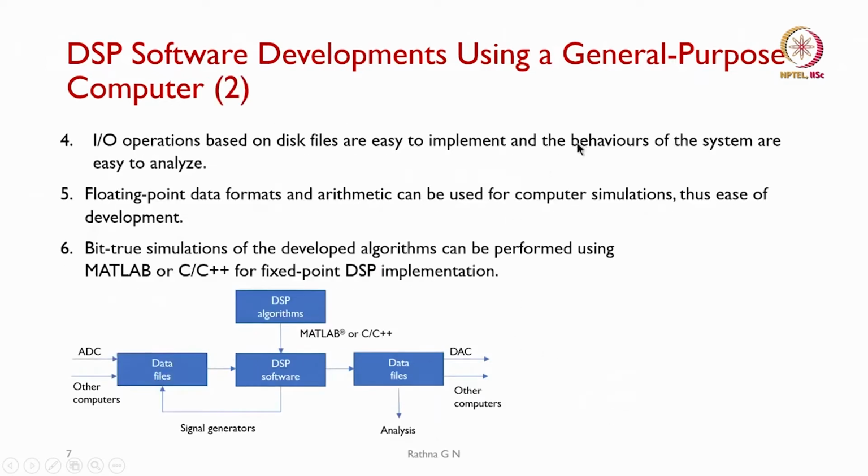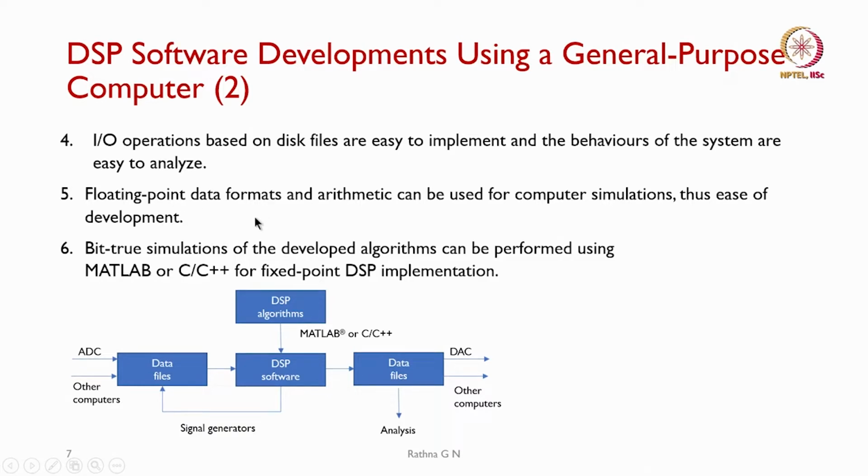Continuing with the development of software on the general purpose computer, what happens to our IO operations? They will be based on disk files, so they are easy to implement, and the behaviors of the system are easy to analyze. We know that floating point data formats and arithmetic can be used for computer simulations, thus easing development.